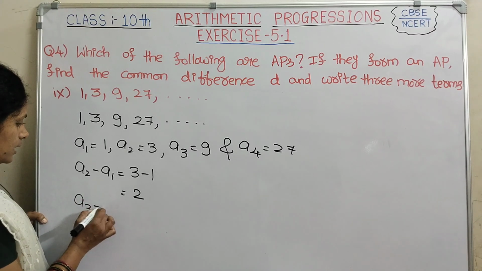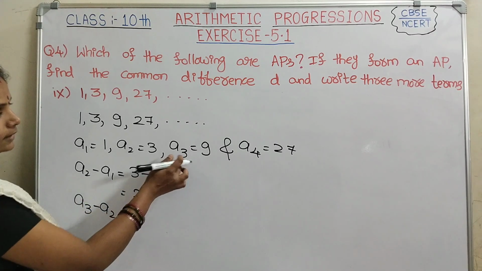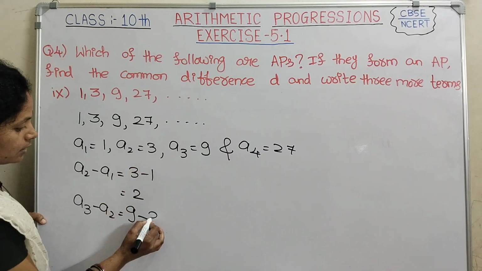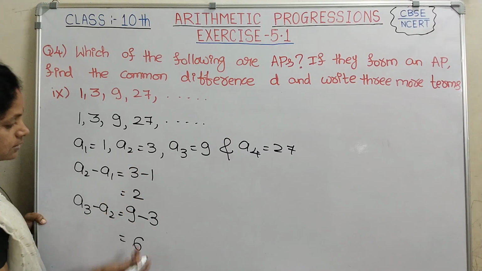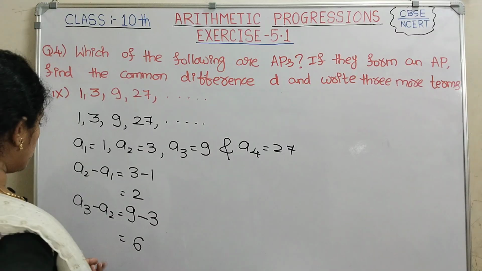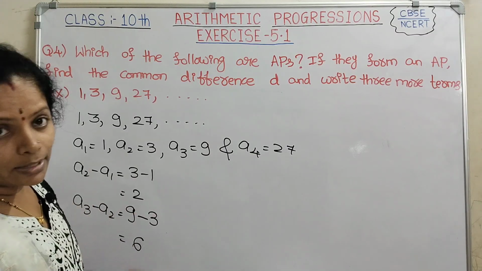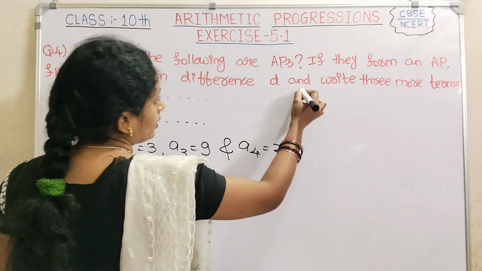Next, A3 minus A2. A3 is how much? 9, minus A2 is 3. 9 minus 3 is 6. From this we can write A2 minus A1 and A3 minus A2 both are not equal.